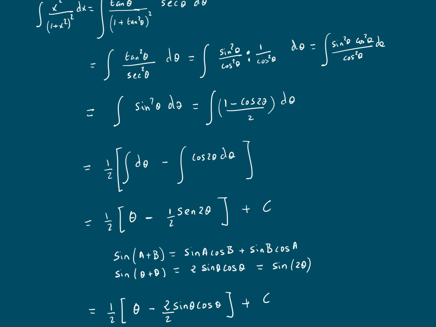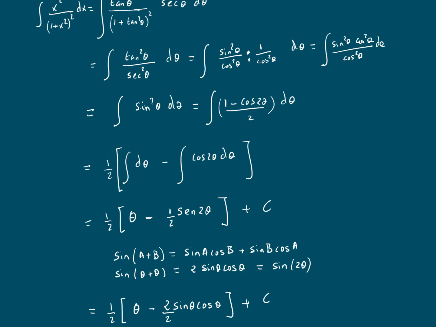So sine of 2 theta, sine of theta plus theta, is sine of theta multiplied by cosine of theta plus sine of theta multiplied by cosine of theta, or 2 times sine theta cosine of theta.